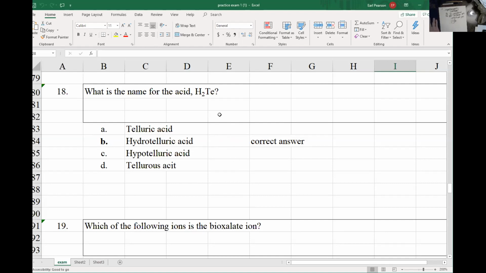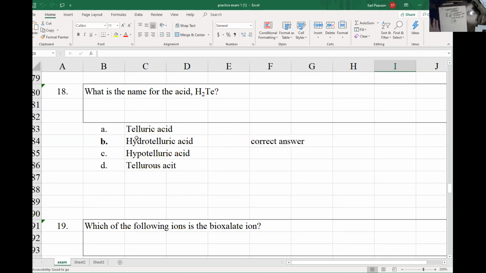this is the one we were talking about. We've already mentioned it. If this were a binary acid, it's going to be named hydro-something-ic acid. If it's just H with just one element here, or if it's H with cyanide here. If the anion ends in IDE, and telluride would be the anion form of tellurium, or cyanide would be the CN minus correct name for it, and they would all be named hydrotelluric acid.